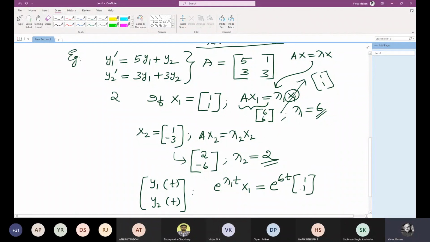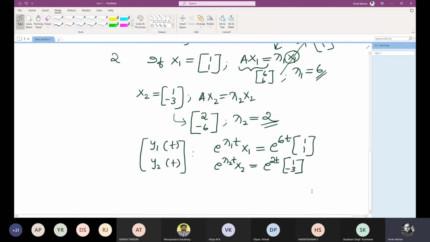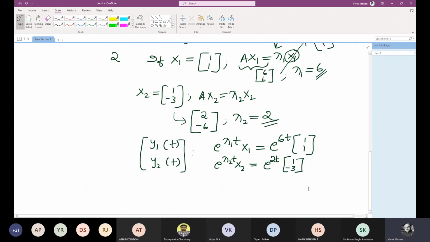This is the corresponding eigenvector. Now e raised to lambda 2 t into x2 equals, what's the corresponding eigenvalue? Lambda 2. e raised to 2t into 1, minus 3.